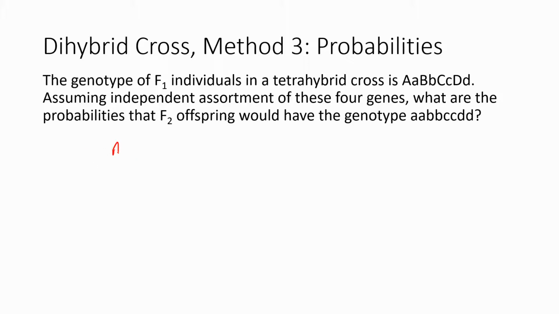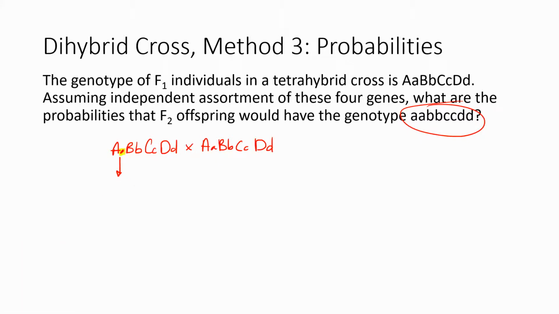So I have 2 individuals. They are heterozygous for 4 different traits. And I want to find out what is the probability that they're going to be all recessive. So what you can say to yourself is, what is the probability of this parent giving the A allele?